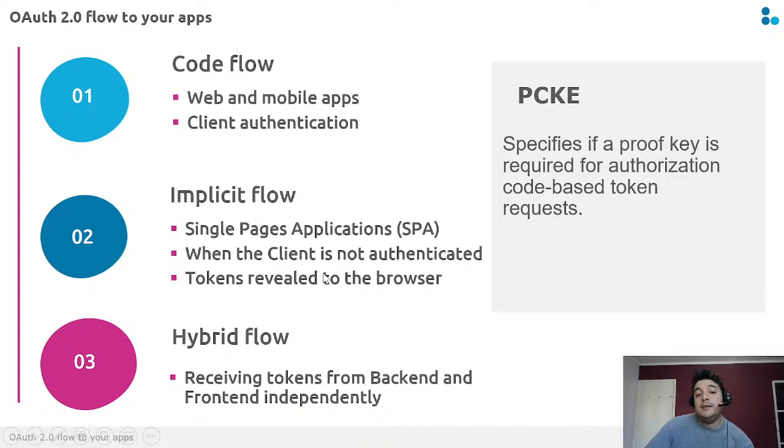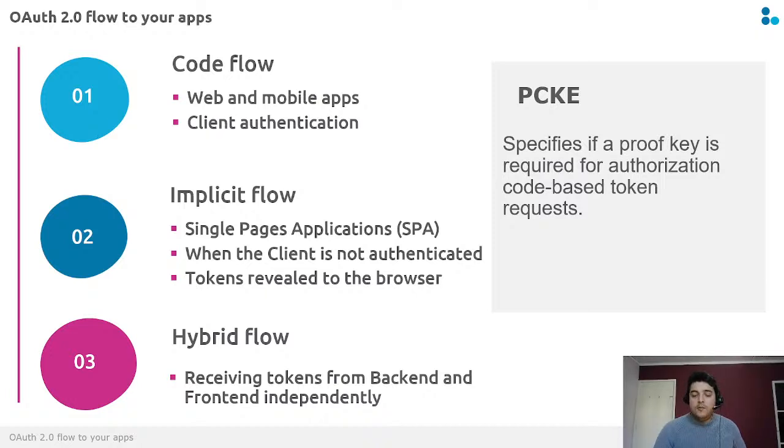If we use both, we can use the hybrid flow, so that we can receive the tokens from the backend and frontend independently. And this proof key is required for authorization code-based token requests.